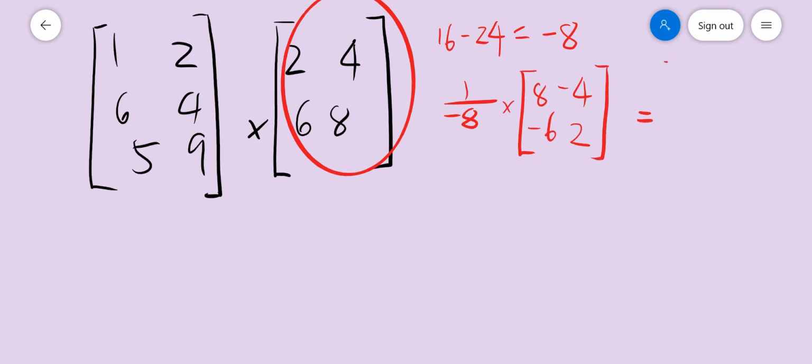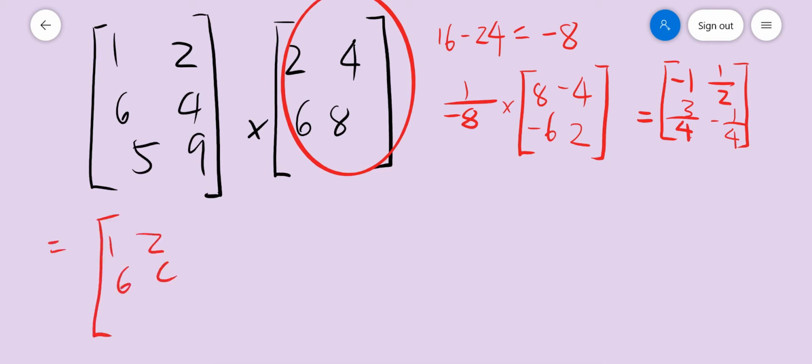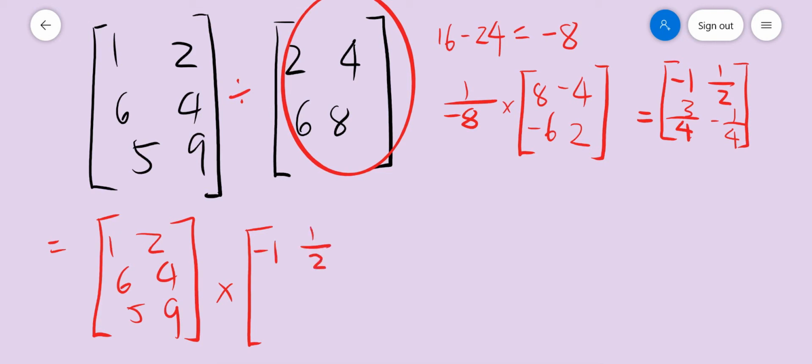And you do the multiplication to find minus 1, 1 over 2, 3 over 4, minus 1 over 4. Then this is equal to 1, 2, 6, 4, 5, 9 times, sorry, not divided, times minus 1, 1 over 2, 3 over 4, and minus 1 over 4.